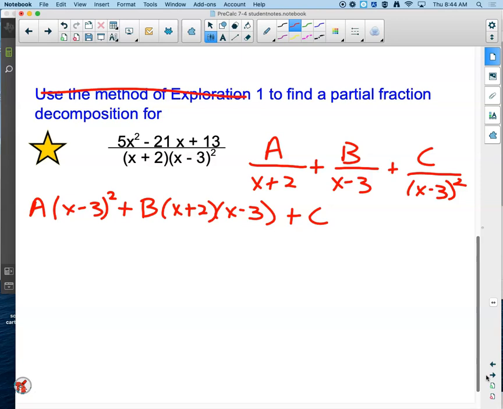Yeah, just the x plus 2. All right. So the first thing I would do is expand the x minus 3. So think about multiplying x minus 3 times x minus 3, or even write it down if you have to. And I would expand the x plus 2 times x minus 3.